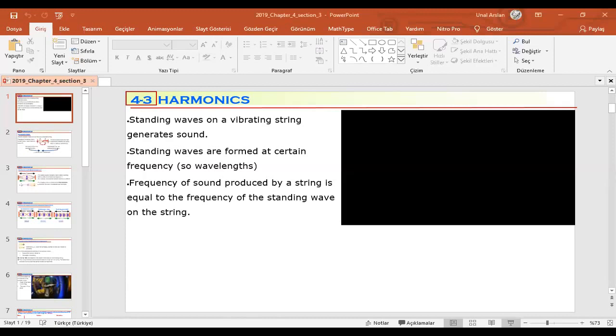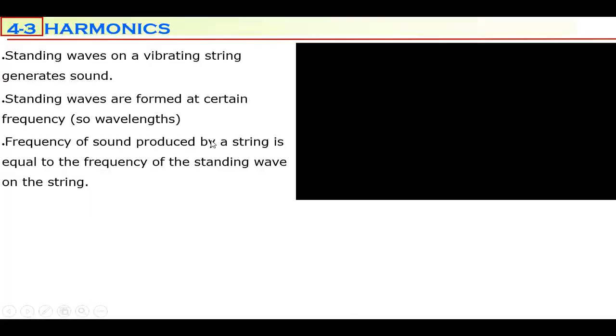Yes. Okay, so first we should know that harmonics are about standing waves. Sound can be produced by standing waves produced on vibrating strings. So the origin of the sound for every type of instrument is standing waves.